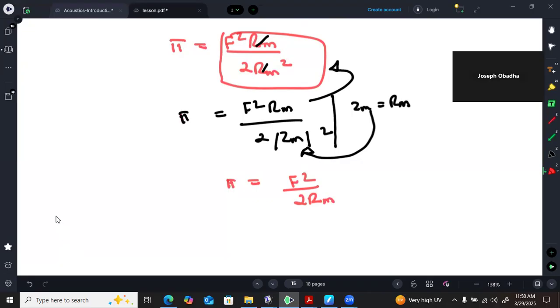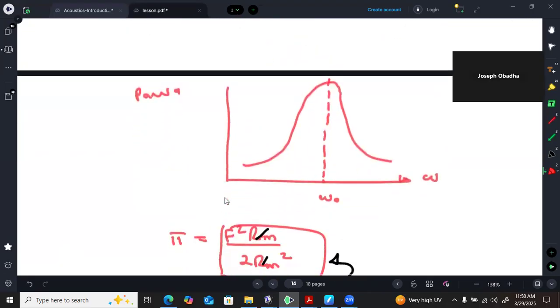So if you look at the graph that we have drawn here, we can actually define what we call the Q factor by, let's say, this point where we have half the power. Let's call this lower frequency omega L, and this upper one omega upper.